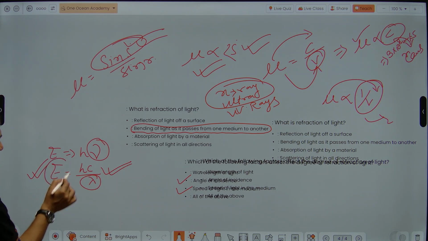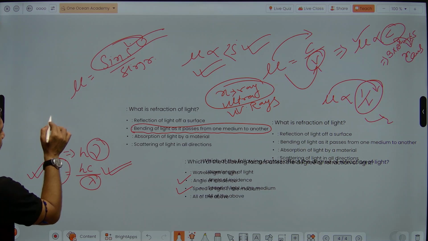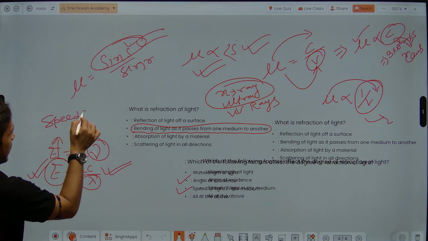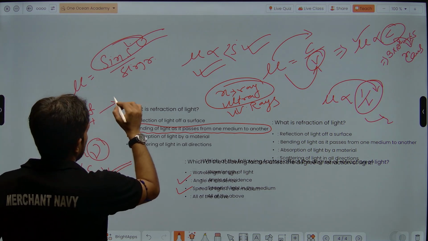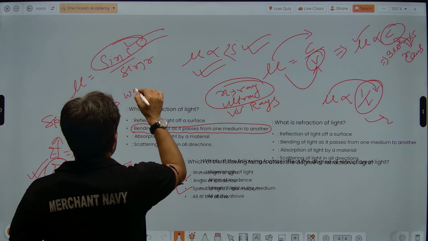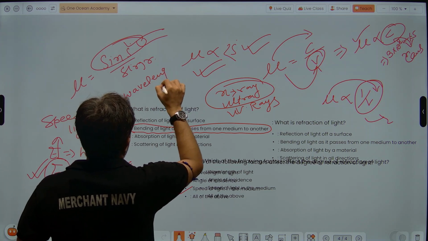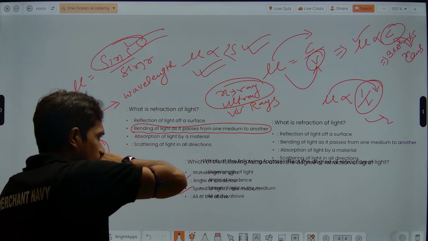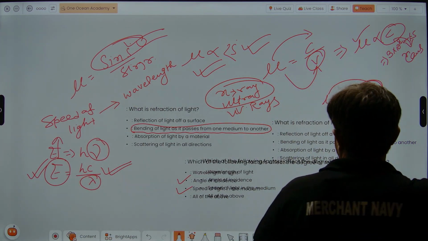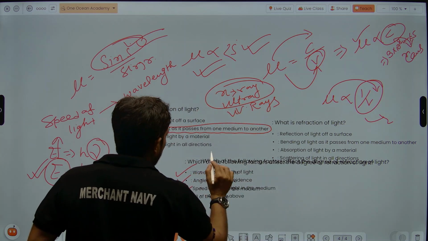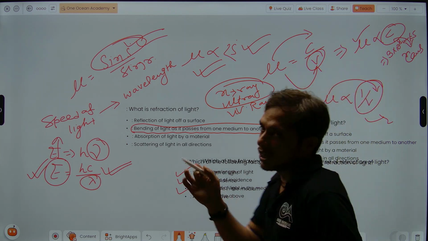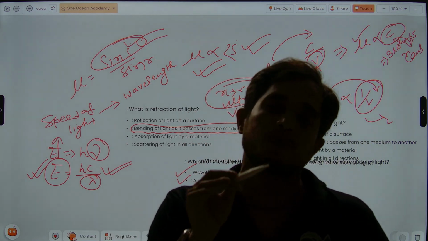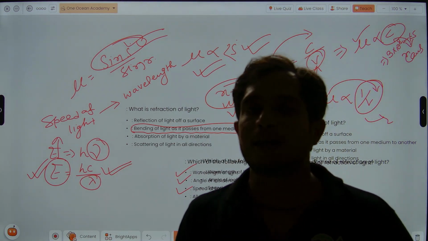So energy, or speed of light, depends upon wavelength. Indirectly we can also say that refractive index depends upon the speed of light, and the speed of light depends upon the wavelength of light.